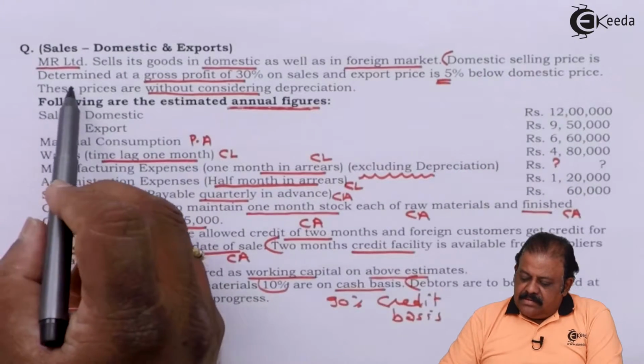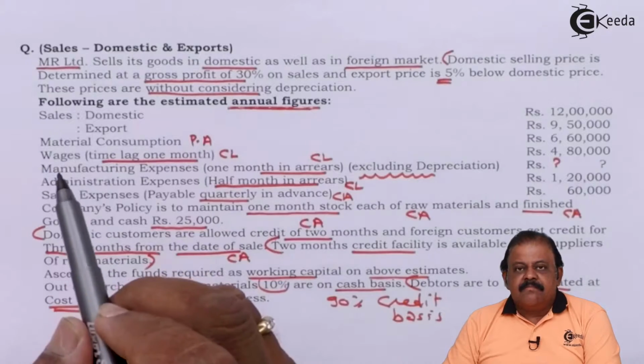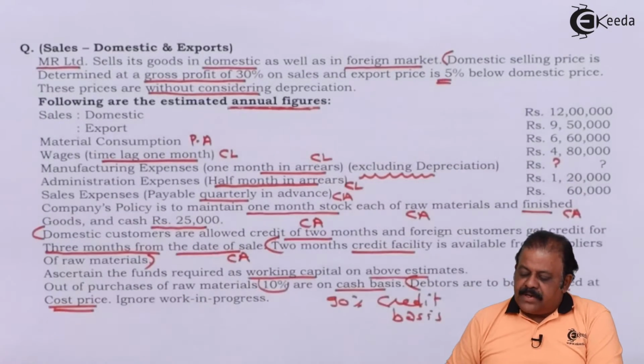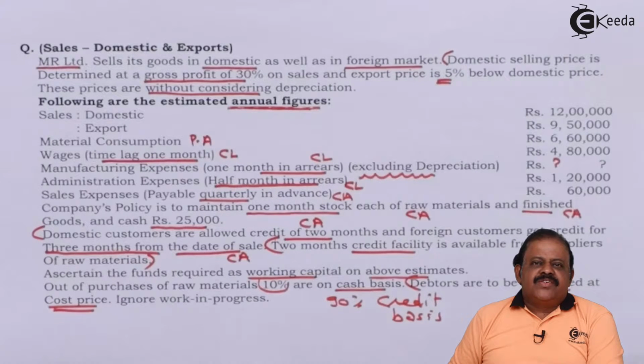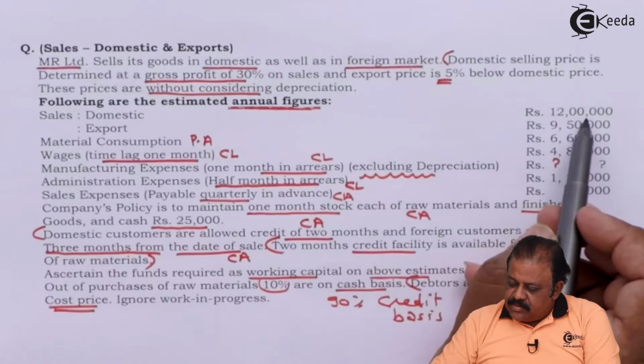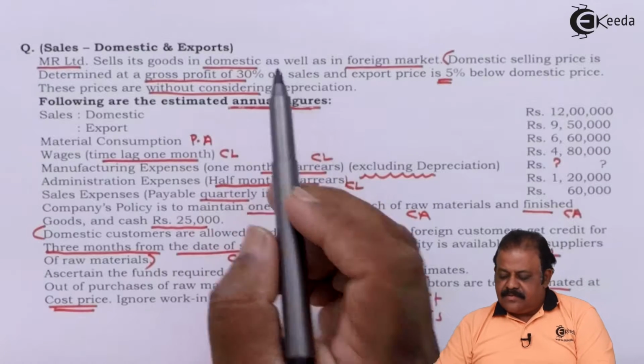Domestic selling price is determined at gross profit of 30% on sales and export price is 5% below domestic price. With this information, we'll try to find out cost of sales. Domestic sales is 12 lakhs, which includes profit 30% on sales.